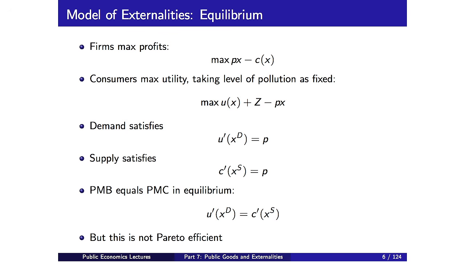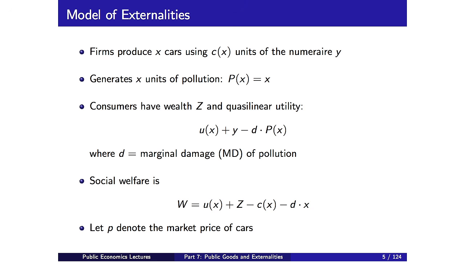So let's first characterize what happens in equilibrium. So this is the standard thing. Firms maximize profits, consumers maximize utility. What's important here is consumers maximize utility, taking the level of pollution as fixed. So they do not internalize the fact, even though we've just written this down with one consumer here, you don't take account of the fact that when you consume more X, this P of X term is going up.